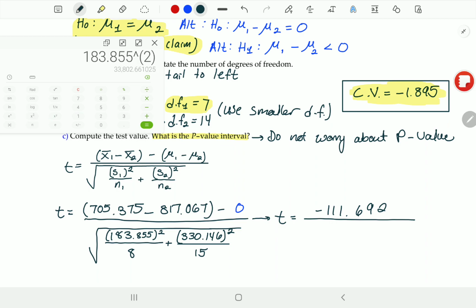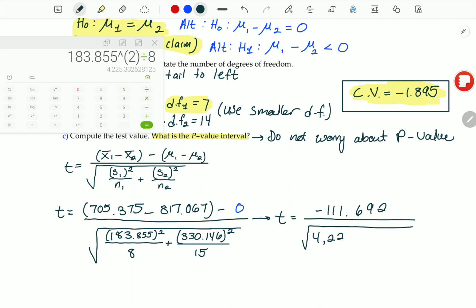Then 183.855, square that, then divide that by 8. Let's take 3 numbers after the decimal. That's going to be 4,225.392.